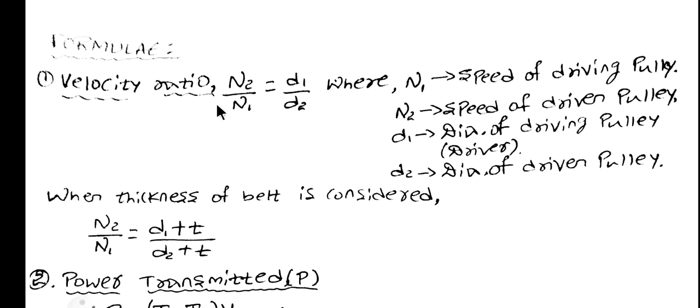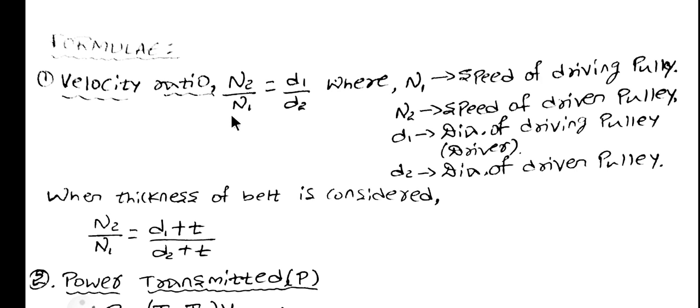Velocity ratio: n2 by n1 is equal to d1 by d2. In some textbooks, they have written it as small n2 by small n1, or capital N2 by N1. N1 is the speed of the driving pulley, N2 is the speed of the driven pulley, d1 is the diameter of the driving pulley, and d2 is the diameter of the driven pulley.